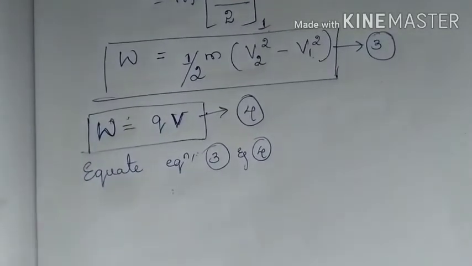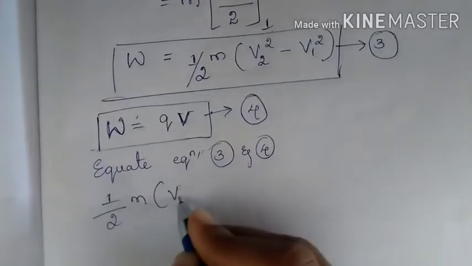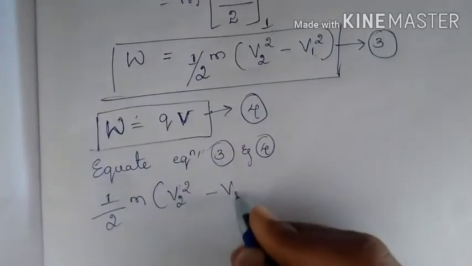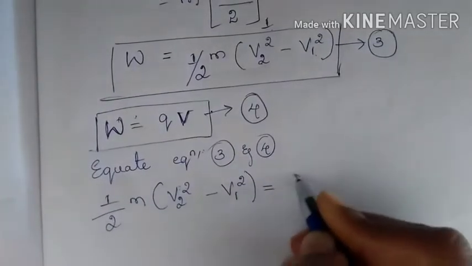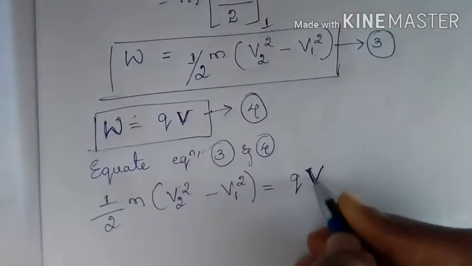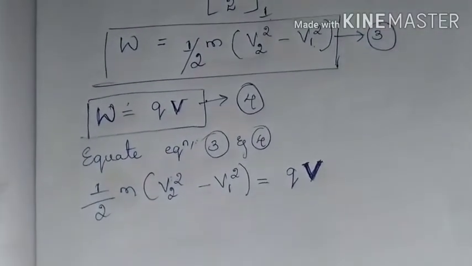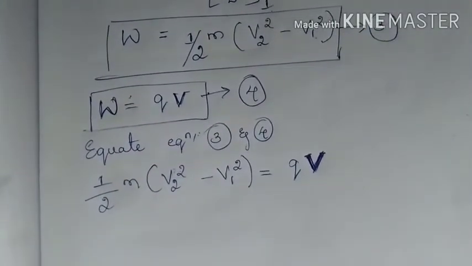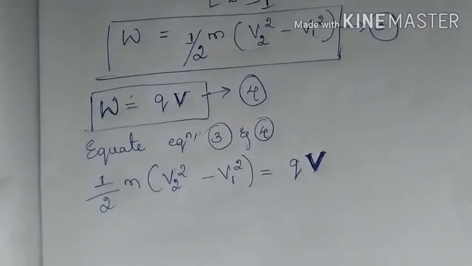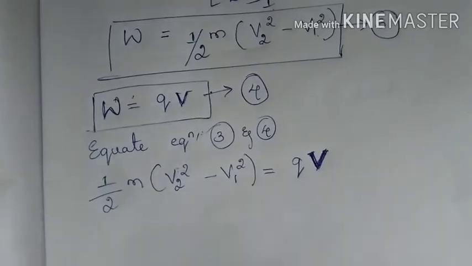So what we will get? Half m (v2 square minus v1 square) is equal to Q into potential. Let me write this in bold so that you can differentiate. If the particle starts from rest, the initial velocity v1 will be equal to 0 and v2 will be v.